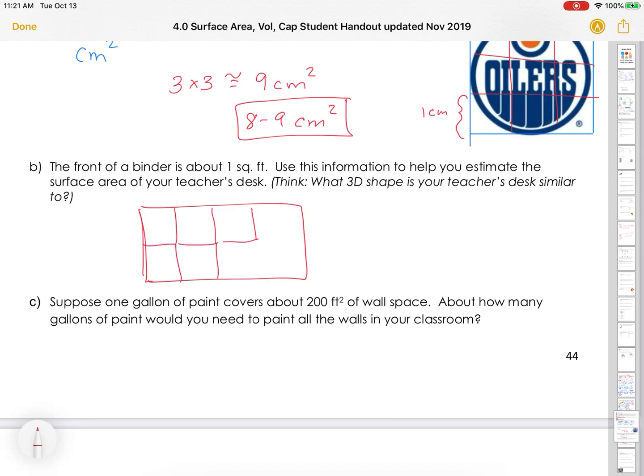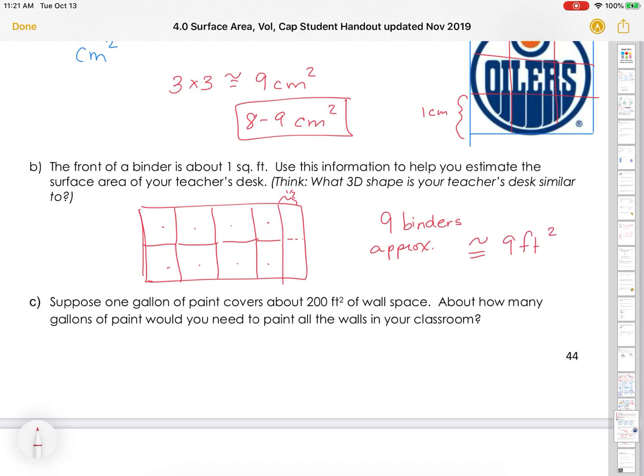I think I could fit 1, 2, 3, 4, 5, 6, 7, and this would be about half a binder. So that's 1, 2, 3, 4, 5, 6, 7, 8, 9 binders, approximately.